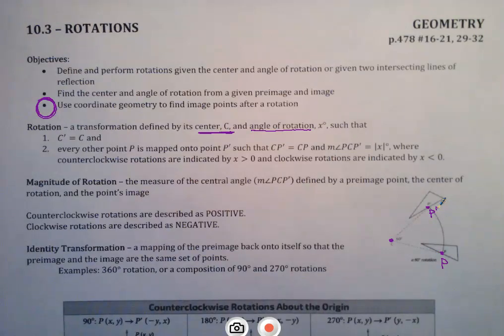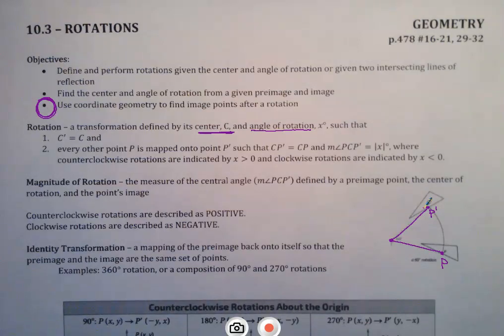Then we say such that CP prime, that length, is equal to the length of CP. So the length from C to P is the same as the length from C to P prime. So those lengths are the same.